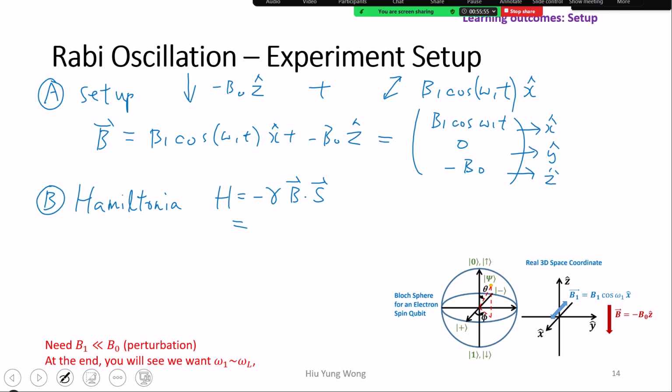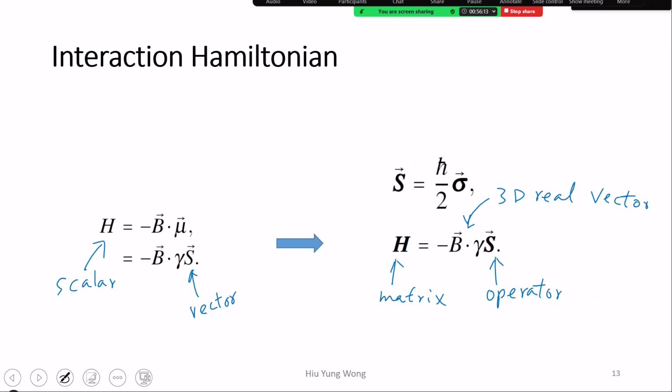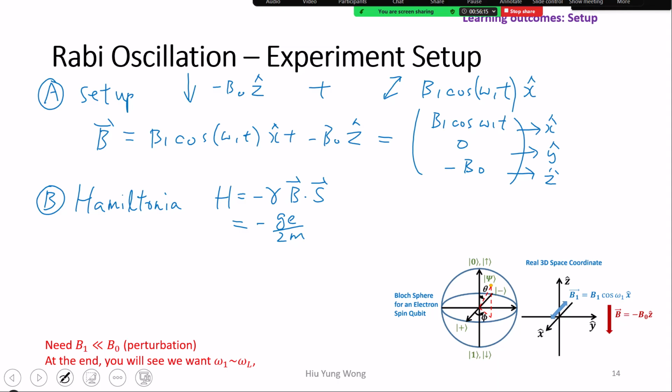The gyromagnetic ratio is negative, so we can see that I still keep the negative. Then the gyromagnetic ratio is g e over 2m, remember? Do I do something wrong? Negative gamma, g e over 2m. Yes. So my cheat sheet is incorrect.